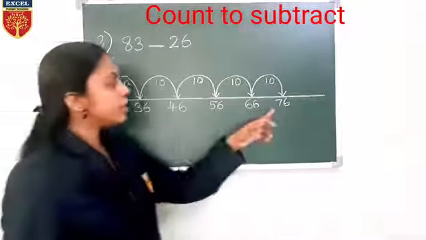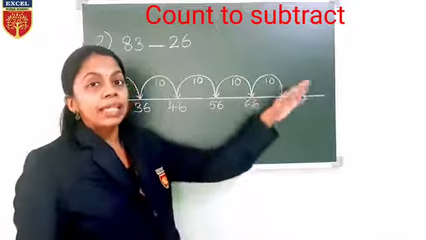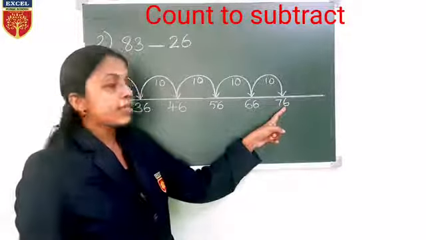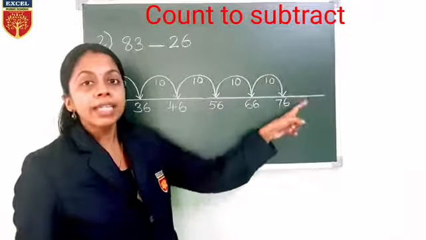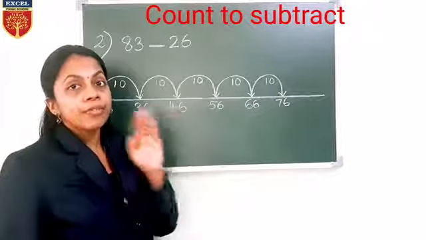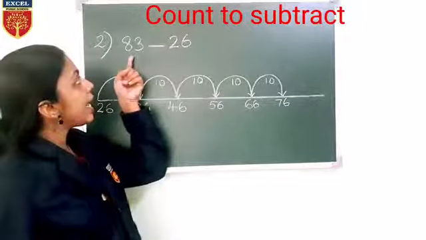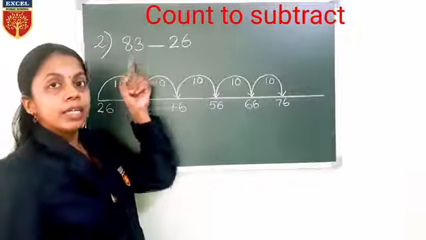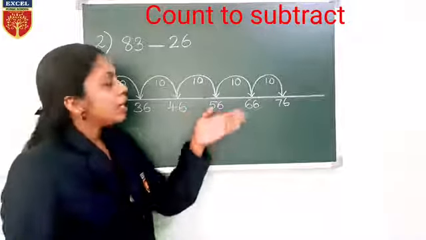Now we reached on 76. Again when we add 10 to this 76, where we will reach? We will reach on 86. But we do not want 86. We want only 83. Less than 86. Which means what to do?